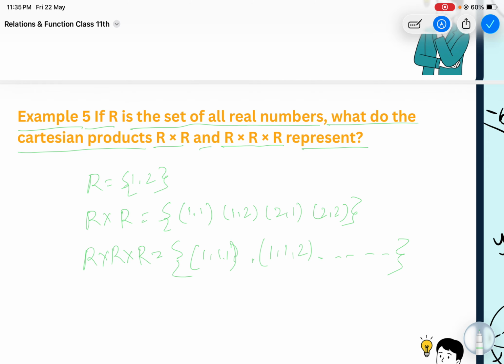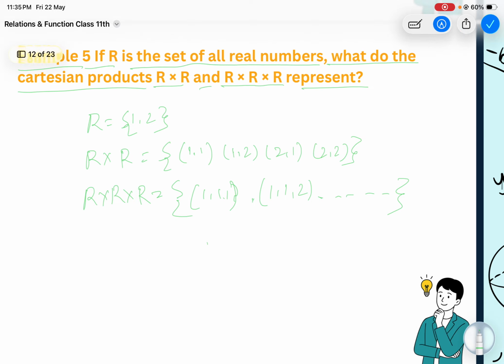I am not solving that because that is not the point that we want to prove here. What we are going to prove is that if we have two elements, then it will be in a 2D plane, right? Suppose here x equal to 1 and y equal to 1, so there will be this point on the 2D scale.